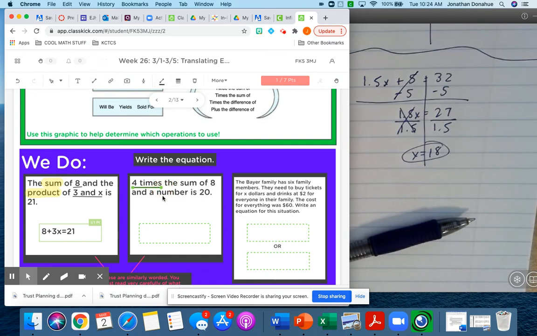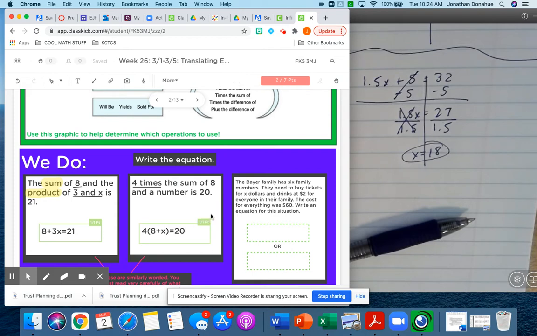The sum of 8 and a number means 8 plus x, and then we need to do 4 times that. We can't do 4 times the sum without adding them first. So we need to use a set of parentheses here. We start with 8 plus x, put that in parentheses and multiply by 4 on the outside. And then we end with is 20.